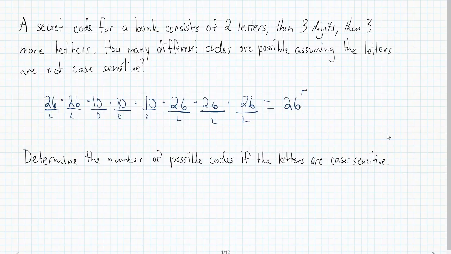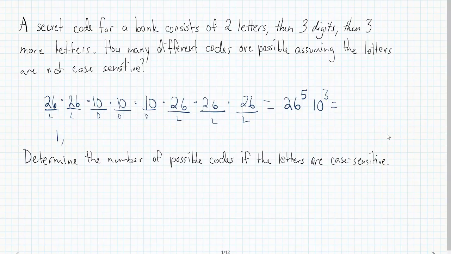Now this would be acceptable either method. You can write that as 26 times 26 times 10 times 10 times 10 times 26 times 26 times 26, or just 26 to the 5th times 10 cubed would work just fine. Now if you wanted a number, let's see if I can pull up a calculator here. This might be slightly too large for the calculator, but that's okay.